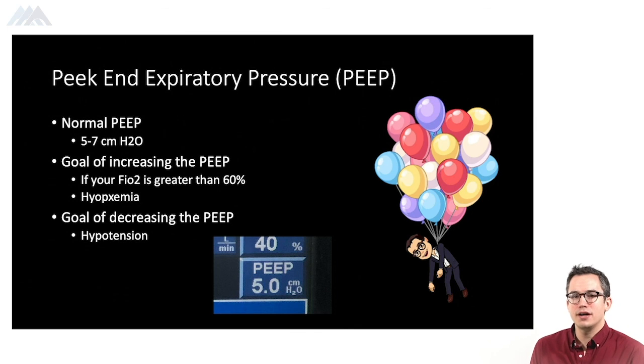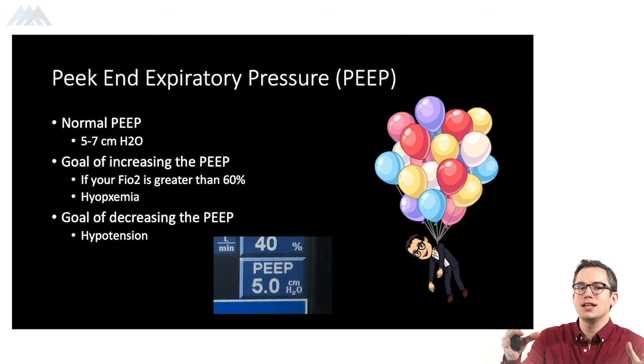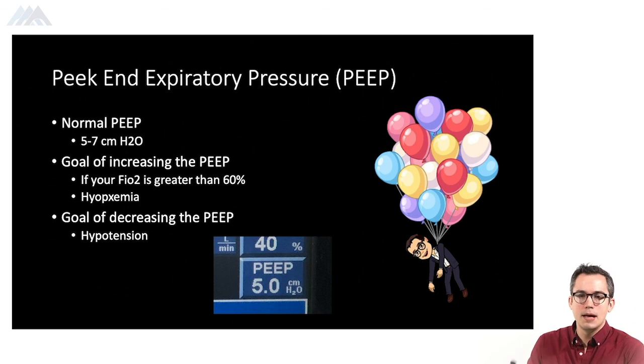What we have to be very conscious of, though, is as we're increasing that PEEP, that peak end expiratory pressure, that's increasing the intrathoracic volume and pressure within our chest. As those pressures rise, we might see our patient's blood pressure decrease because externally that extra pressure that's on the heart from the lungs is going to be tamponading the heart externally, much like it would in a pericardial tamponade situation, but the patients don't have it at this point.